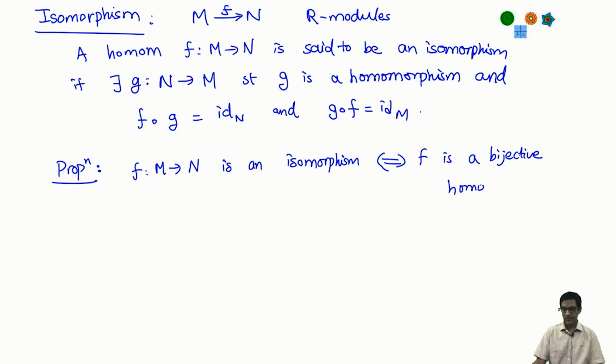Bijective just means it's a one-to-one onto map of sets. So from M to N it should be a bijection and it should be a homomorphism. If you have these two properties, then that's enough to find a map G. So I'm going to leave the checking as an exercise.